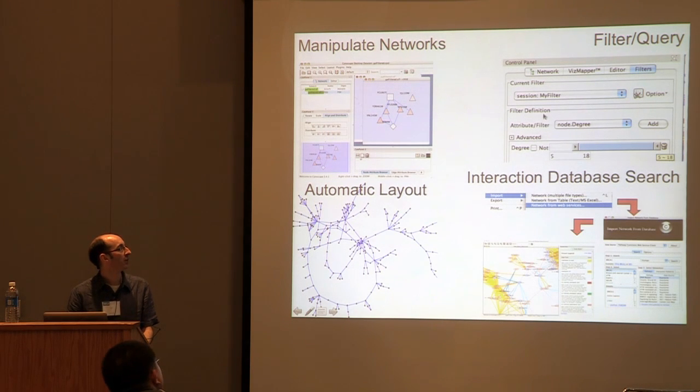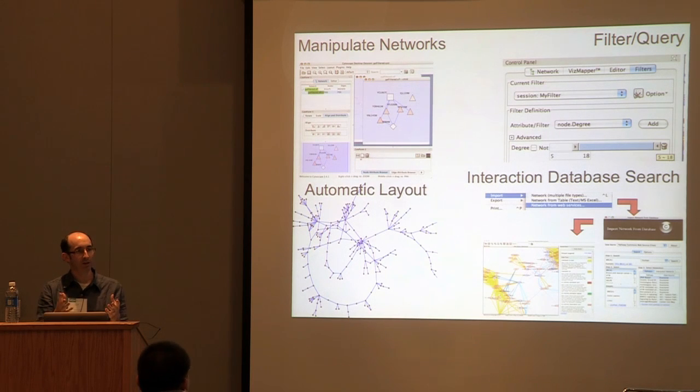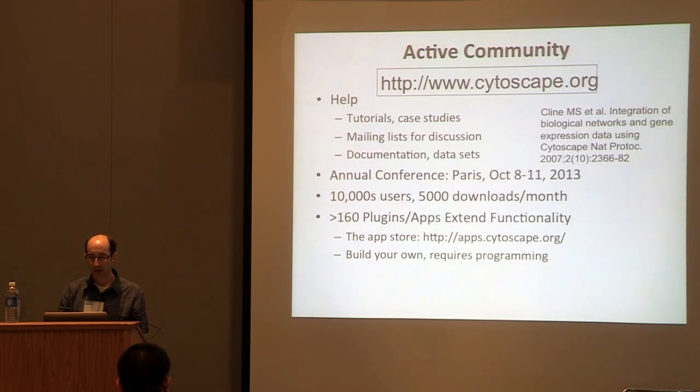It has a fairly good filtering system that allows you, once you have your data in the system, to run queries on it, basically. There are actually a number of ways of getting data into the system, searching different databases, but that's mostly what Cytoscape does. So when you load it initially, you could play with the sample data, but you really do have to get some data into the system, and that sometimes is a stumbling block for new users.